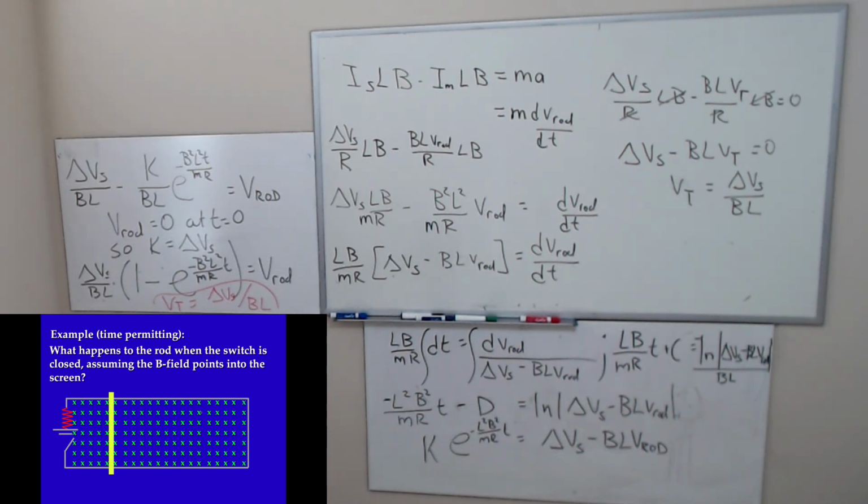Yes, Morgan. L is the length of the rod. I've been trying to do it the same way as I did the other problems. L is the length of the rod. B is the strength of the field. And V is the voltage of the battery, V sub S. Okay, I got rid of the picture, sorry.